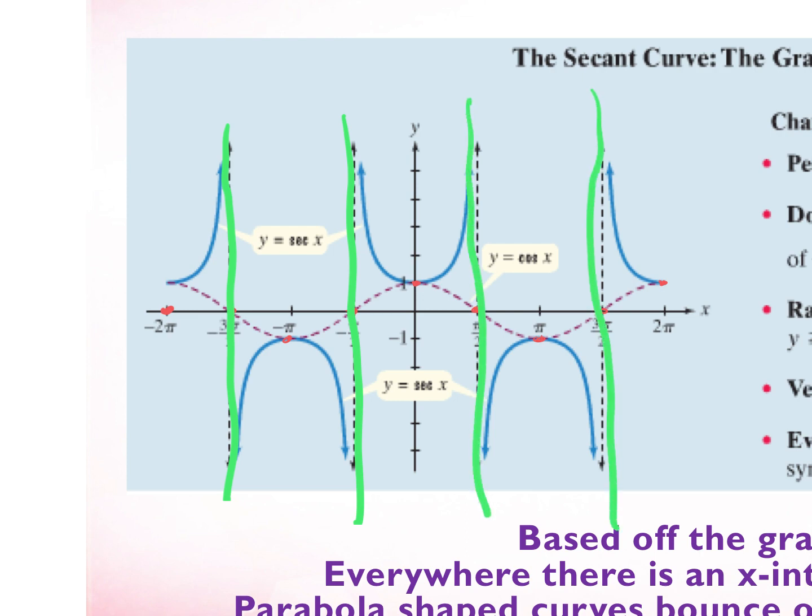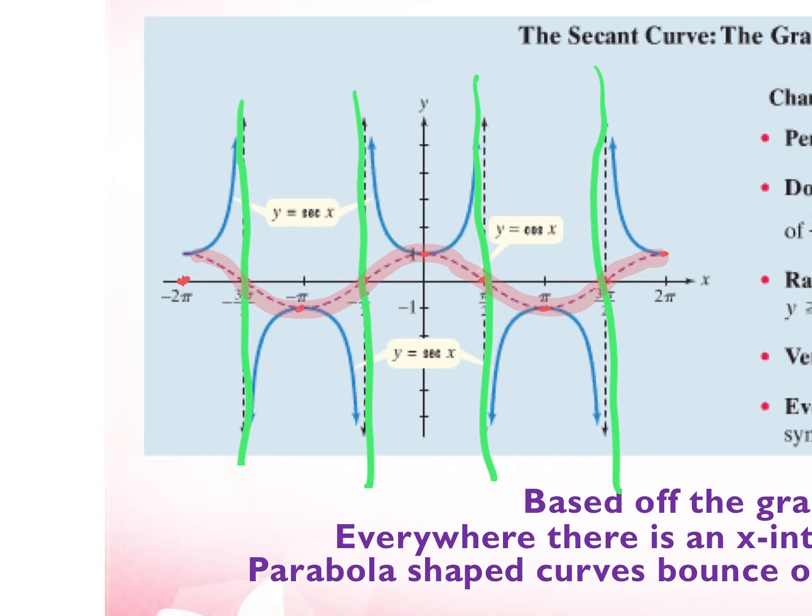And then once you've graphed the cosine graph, then what you can do is find all the maximum and minimum points, and then you'll draw in your parabolas. Now, what I like to do for these graphs, and I didn't show you that on the cosecant graph, but the normal cycle is going to be just like the sine and the cosine graph, 2 pi.